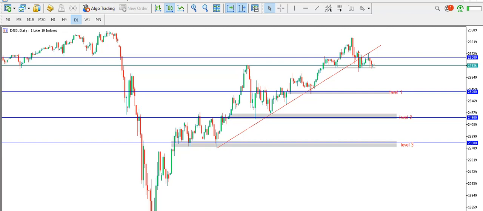My level 1 is 26,000, and my directional bias for Dow Jones is still a sell. As I've said, NAS and Dow Jones, they highly correlate. So I expect price to sell to 26,000, which I've indicated as my level 1, and we'll still be targeting level by level.